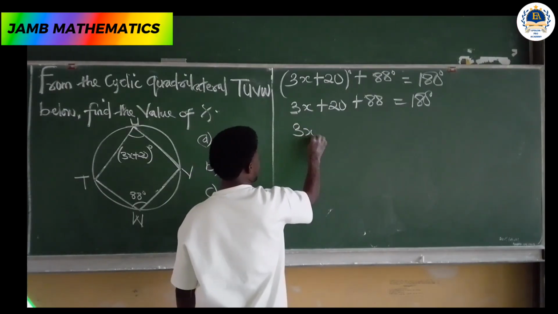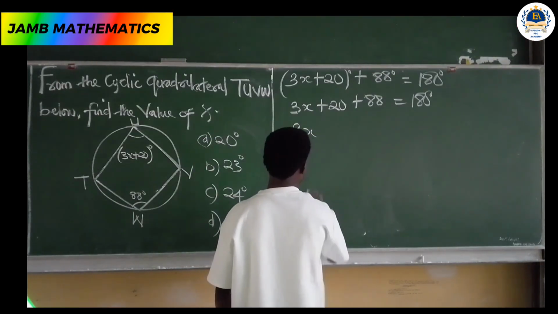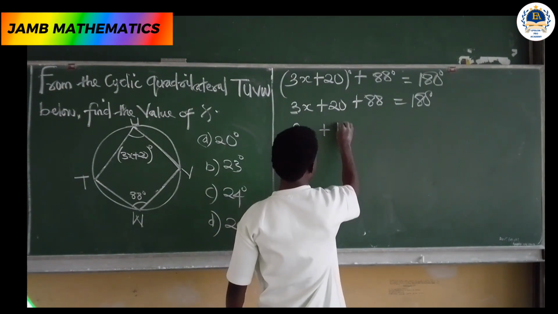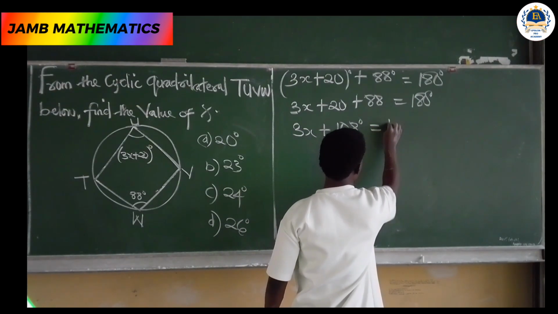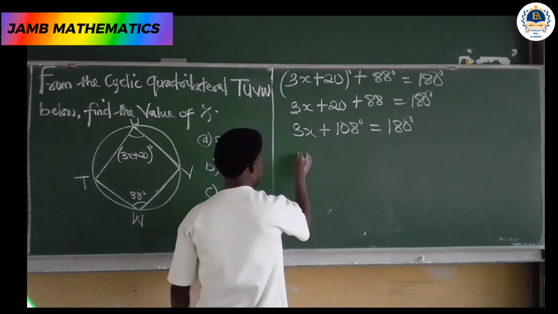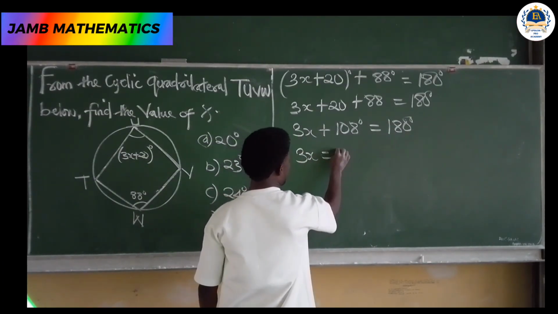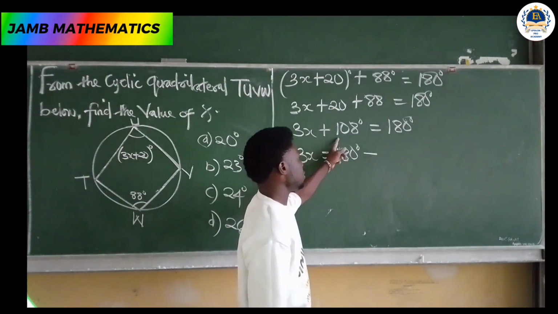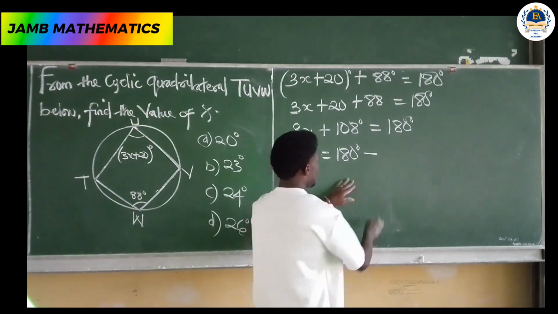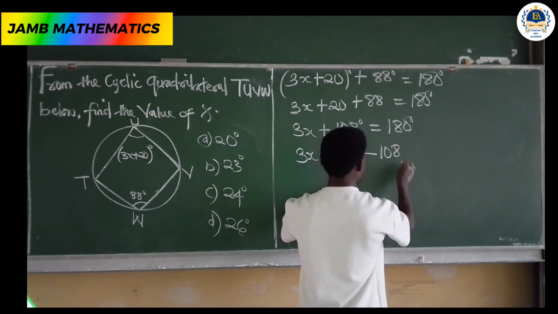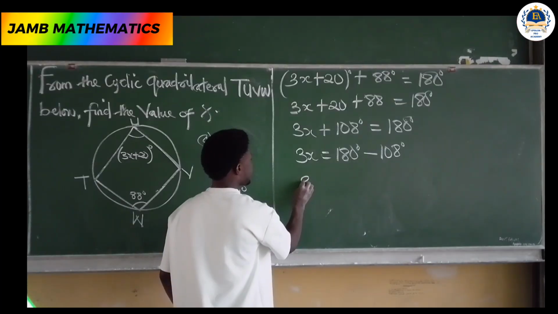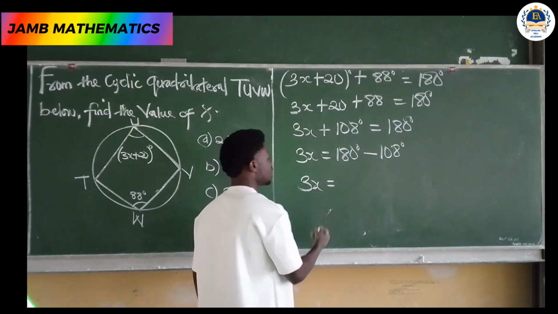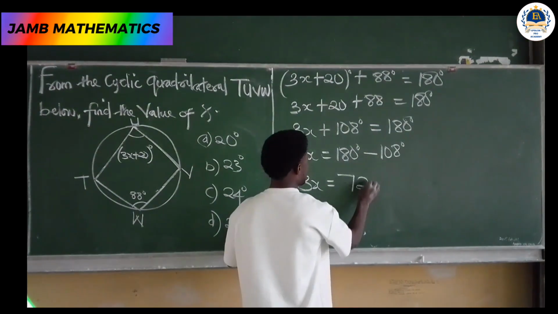Collecting like terms, 20 plus 88 gives 108 degrees. So 3x plus 108 degrees equals 180 degrees. So 3x is equal to 180 degrees minus 108 degrees, which gives 72 degrees.